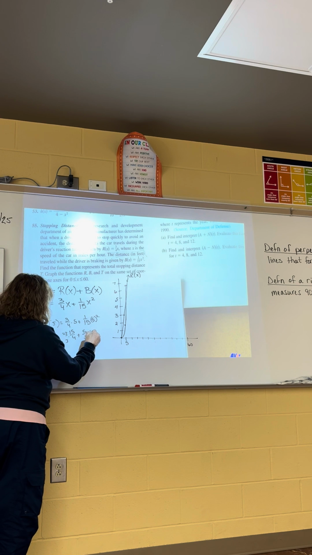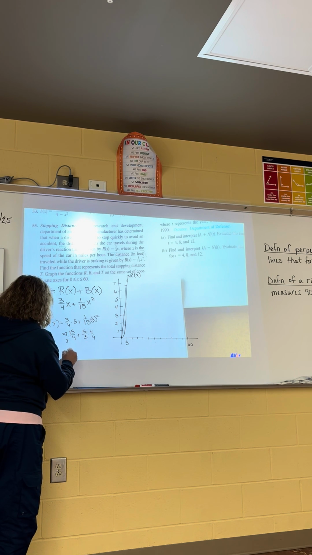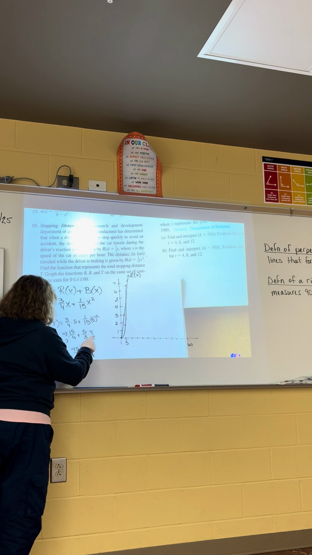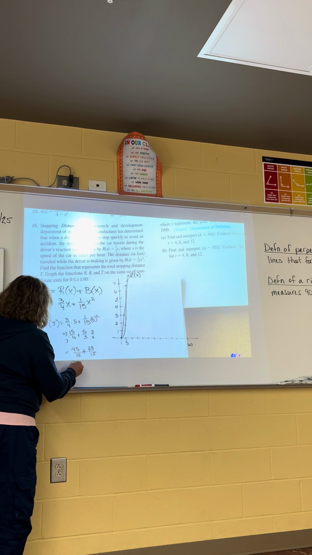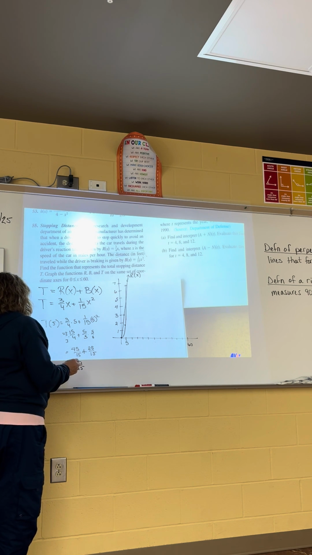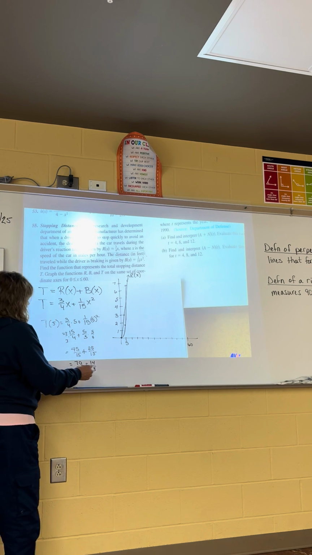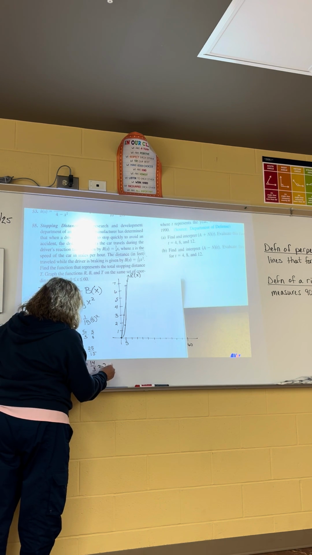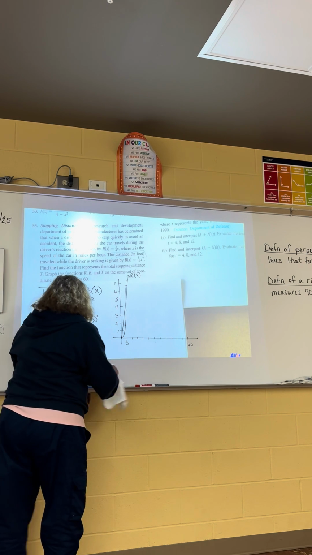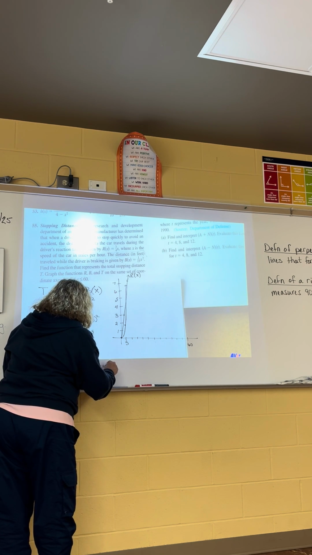Common denominator of 60: 45 over 12 plus 20 over 12... that's 70 over 15, reduces by 5, 14 over 3, which is approximately 4 and 2/3.